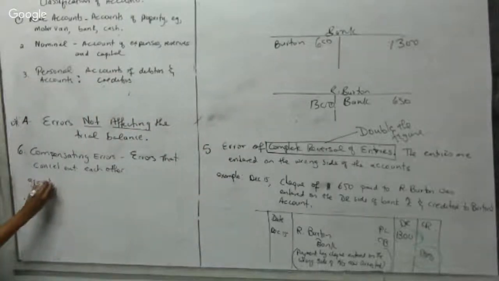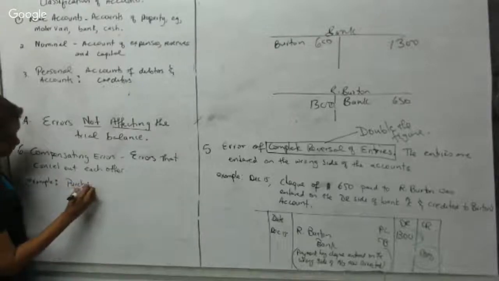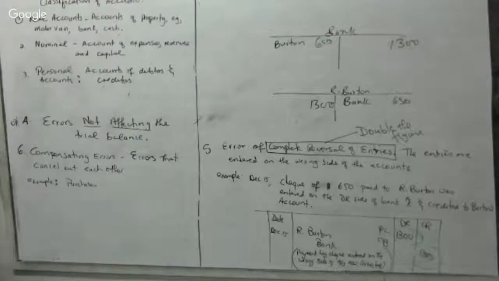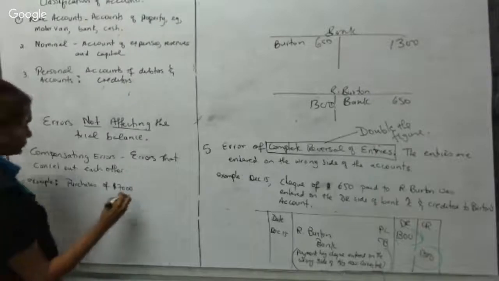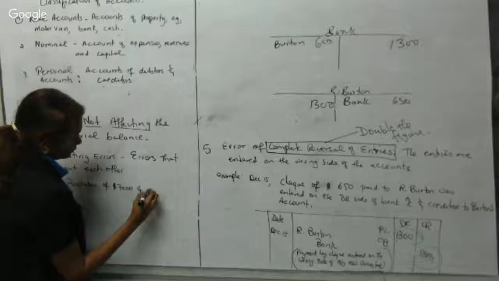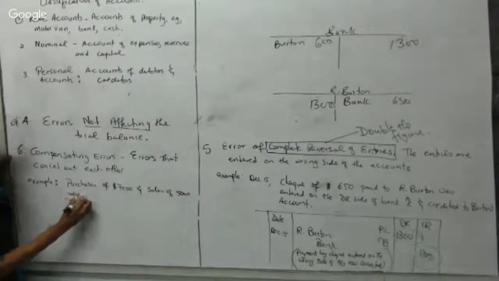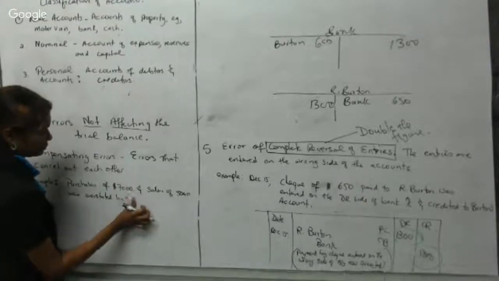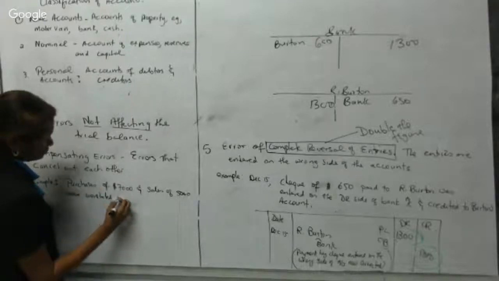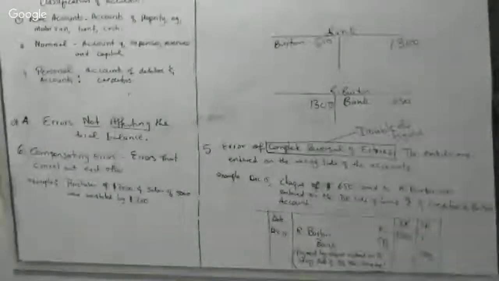All right, let's find an example. Purchases of 7,000 and sales of 5,000 were overstated by 200.